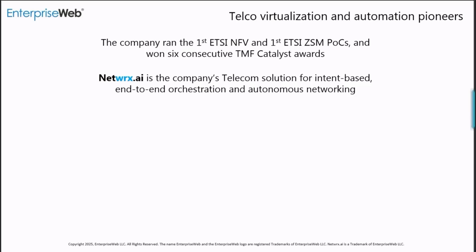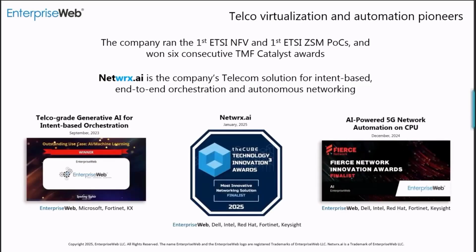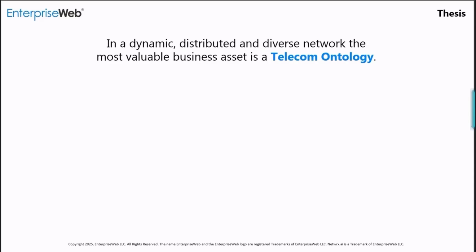Networks.ai is the name of our telco solution. And some of you might be familiar that we've won a host of awards, including most recently from pretty much every major telecom media publisher.